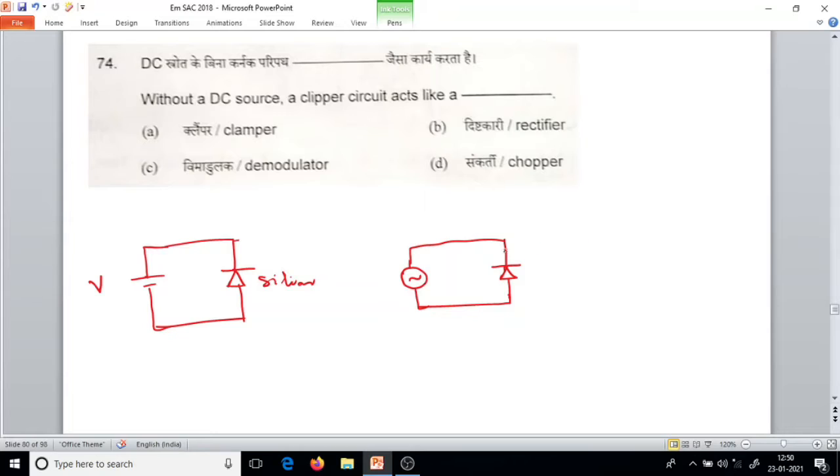So it won't conduct. So whatever is there, we will get it here. And during the negative half cycle, what happens? During the negative half cycle, this will be negative and this will be positive. So this diode acts as a short circuit. So there won't be any output. Again, during the next positive half cycle, diode is open and we will get a waveform like this. So this circuit acts as a rectifier.